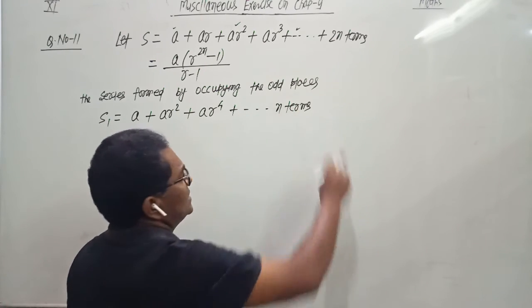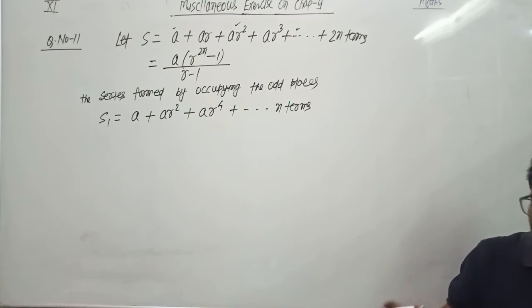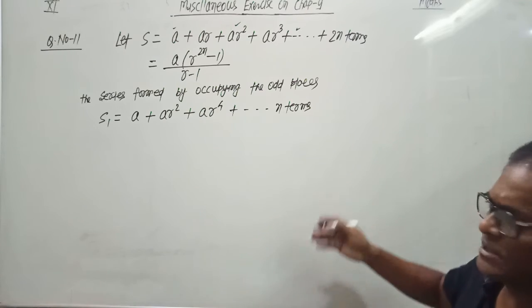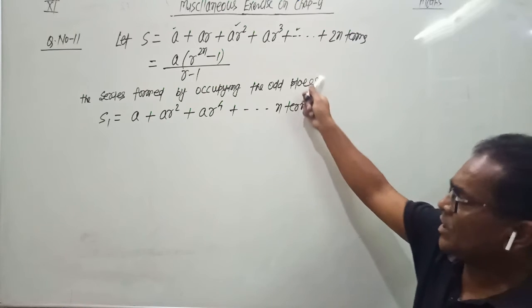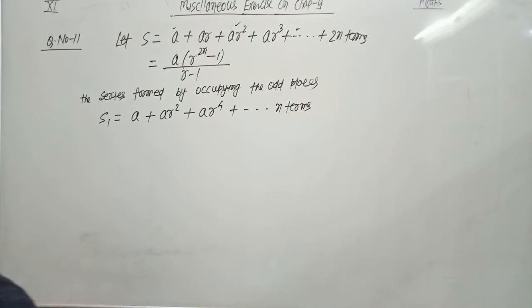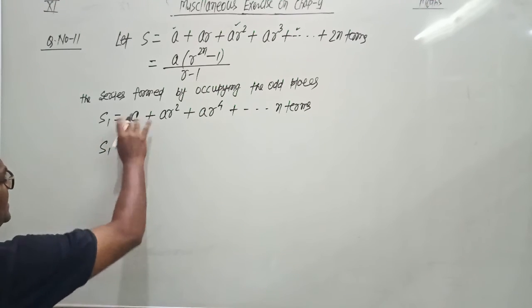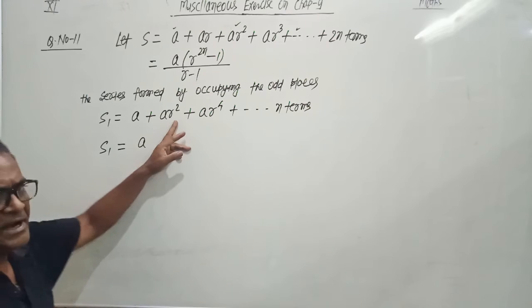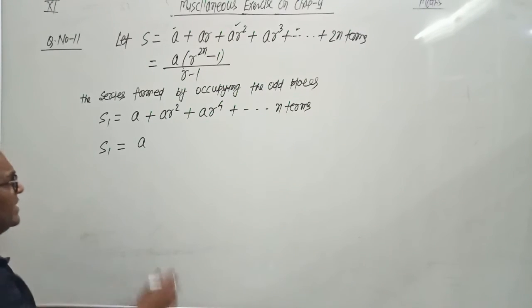Because there are a total of 2n terms, which means some even terms and some odd terms, when we take only the odd terms, there will be n terms, and we find its sum. So S1: the first term is a, the common ratio is r square, and the number of terms is n.